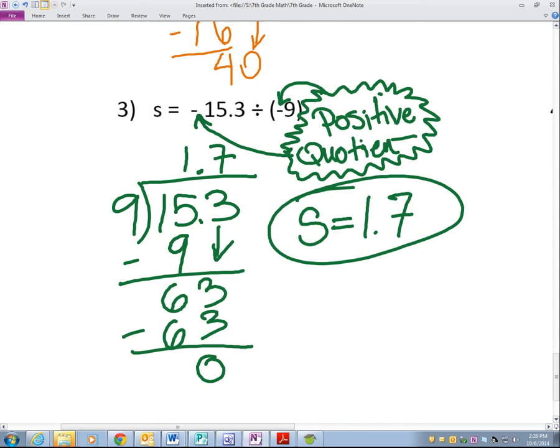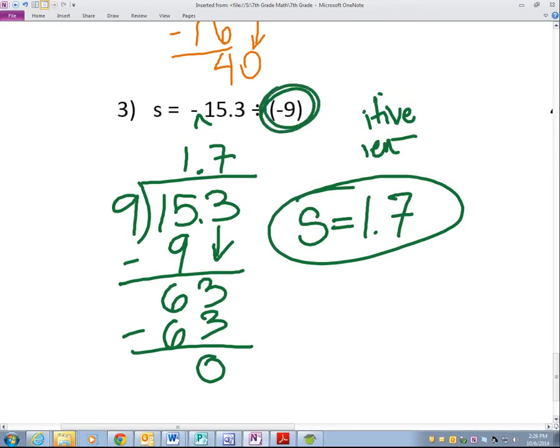Remember, with the divisor, which is this, you have to have a divisor that is either a positive or negative integer. It's already a negative integer as it is, so we don't have to mess with any decimal points. That one was tricky. Okay?